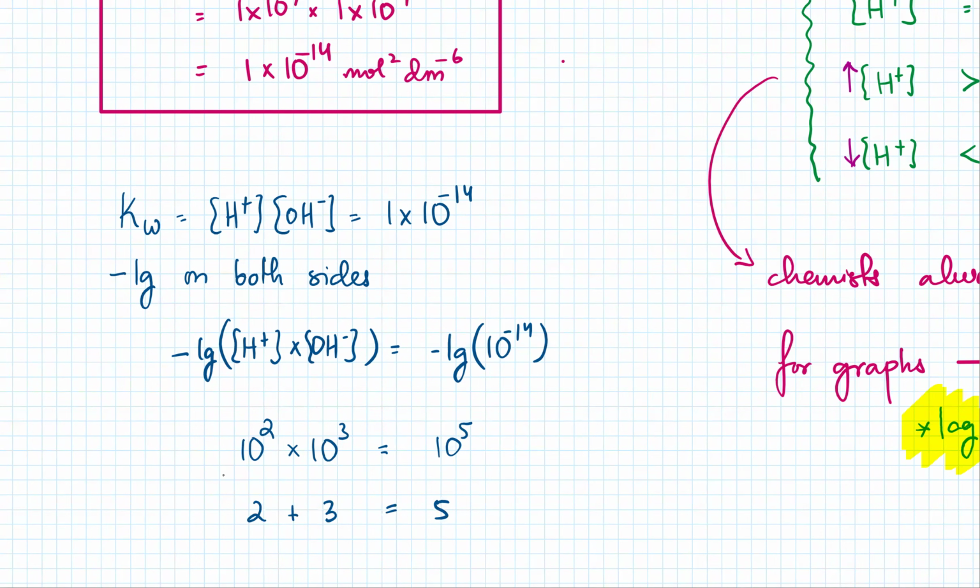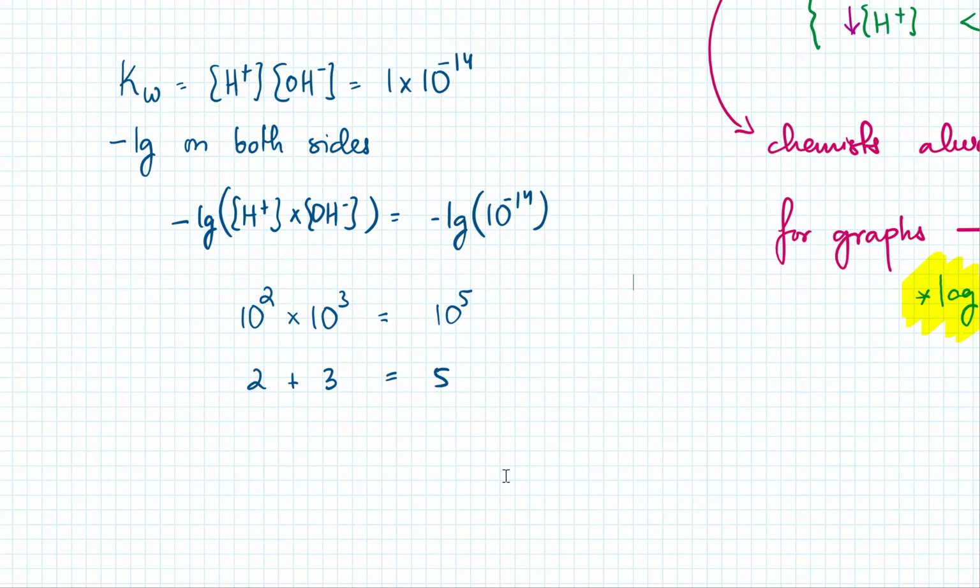So there's a property of log, which is that if you multiply two things, in terms of log, they actually get added up. Is that clear? So multiplication, in terms of log, changes into addition. That's a property of log. Does that make sense? Okay.